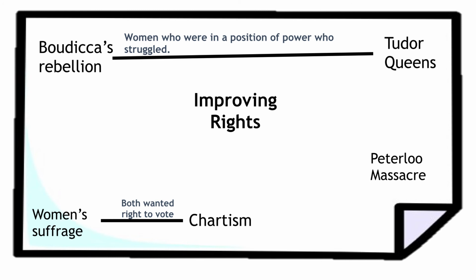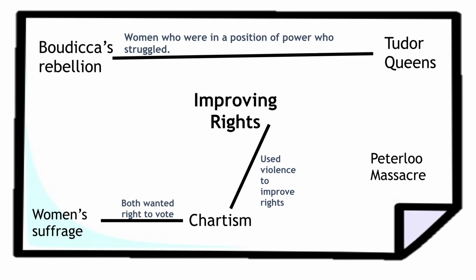Okay, then we've got this one, Chartism, and how can that link to improving rights? So, for example, they used violence to improve rights. You could also say who they improved rights for, so working class men, and you can also say women's suffrage. A lot of women who were protesting would have been from working class backgrounds, etc. You can link Chartism to Peterloo Massacre because that was linked.